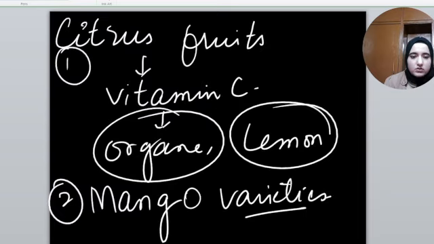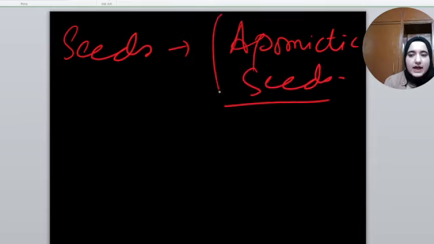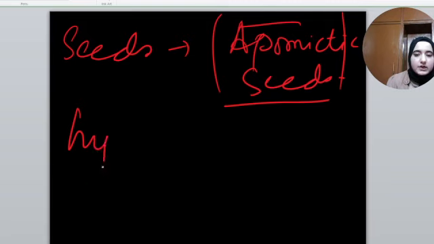Now, currently scientists are trying to convert seeds into apomictic seeds. Currently, scientists are trying to convert seeds into which seeds? Apomictic seeds, so that they can use these apomictic seeds in hybrids.